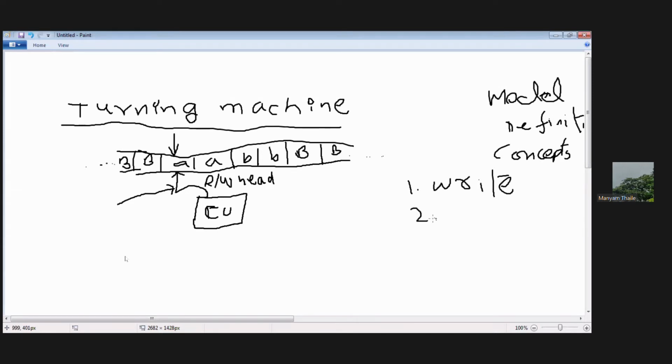Here the direction of the read write head is both directions. This is one more observation compared with pushdown automata and finite state machines.